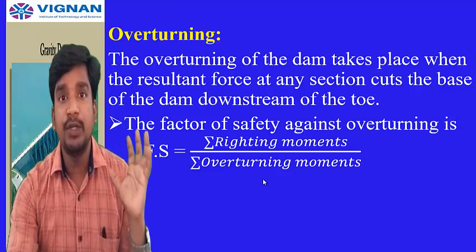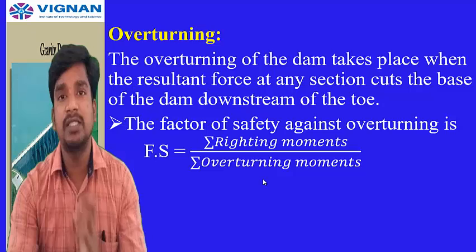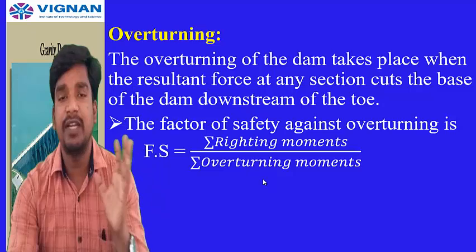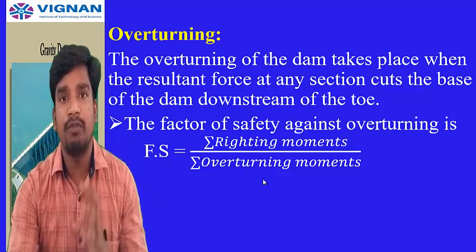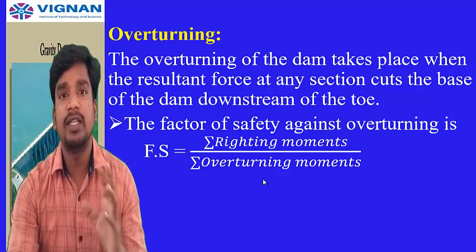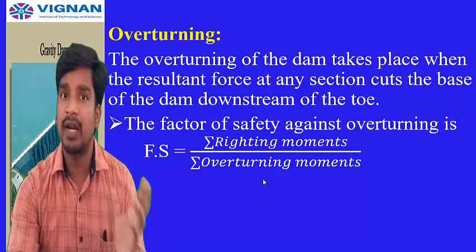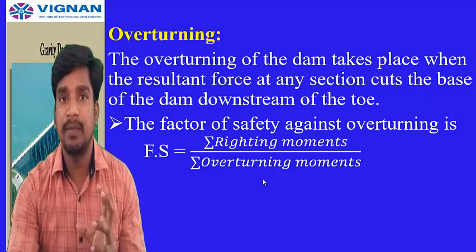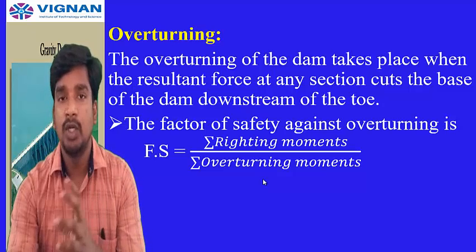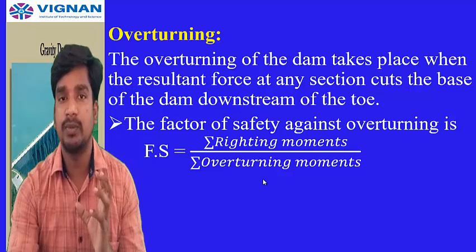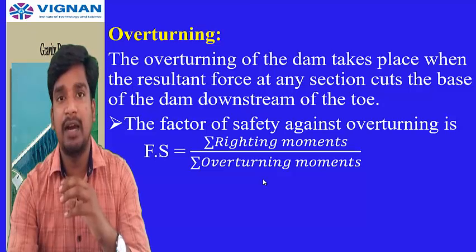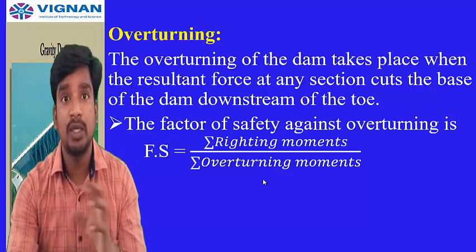So in this scenario we need to consider a certain factor of safety to overcome this overturning force. The factor of safety against overturning is the ratio between righting moments and overturning moments. What is the meaning of righting moment here? Righting moment is the ability of the dam, or any structure, to regain its original attitude. If some force is acting on the body of the structure, then after the release of the force it may regain its original position.